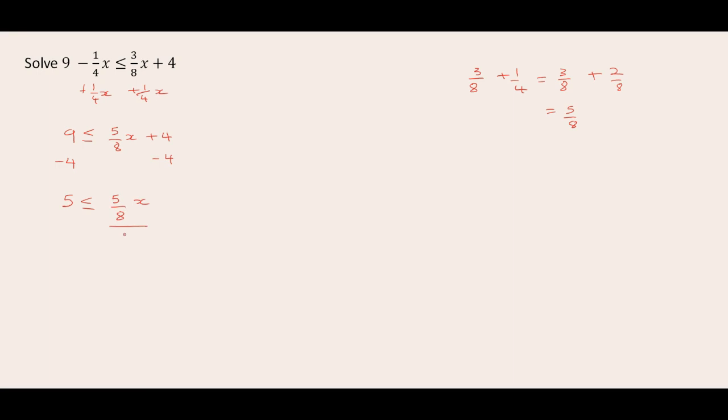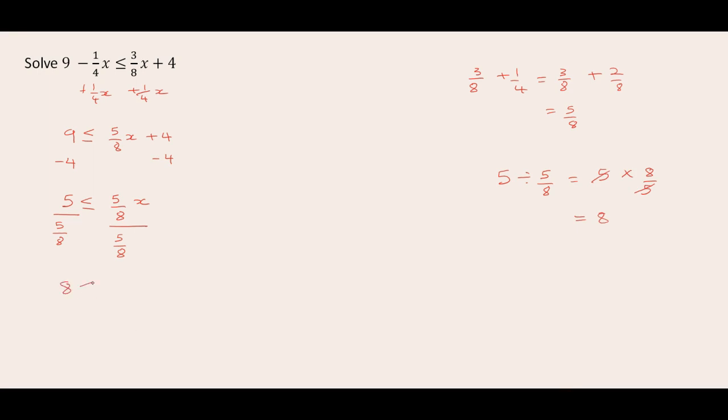The next thing is we're going to divide both sides by 5 over 8. 5 divided by 5 over 8 is the same as 5 multiplied by 8 over 5. So we cross this out and we're left with 8.